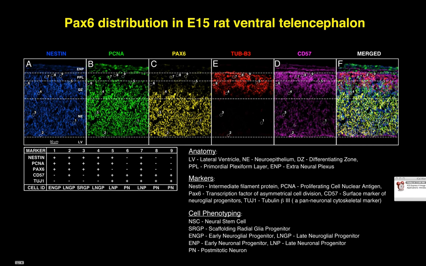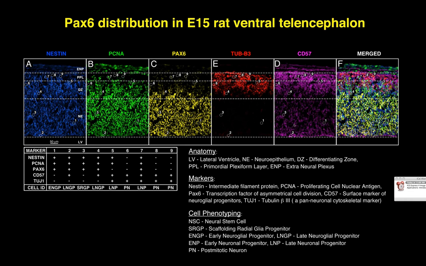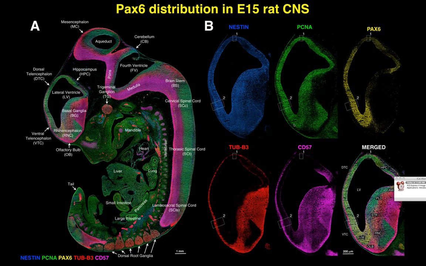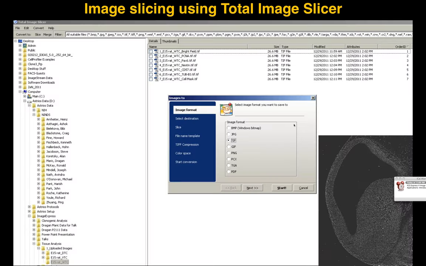So the way to approach this in a more practical sense is, obviously, we can analyze a single image at a time, like Sean has shown you in his one-image example. That is relatively simple, but when we deal with huge areas of tissue that we need to analyze, we need to segment that or slice it up into manageable tiles. And what we do is, this is shareware that you can find on Google and download.